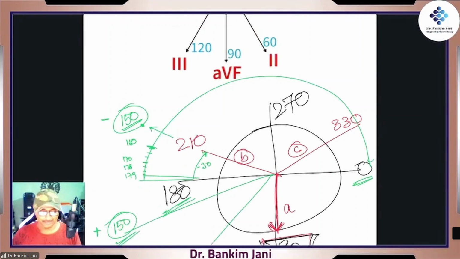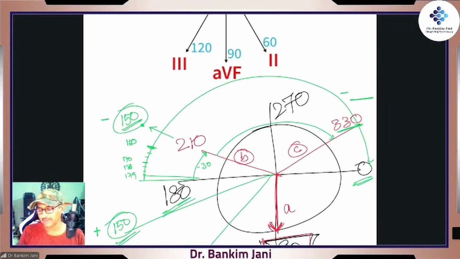Next, the third angle would be from 210 that we travel to 120. So what would be the new distance? It would be 230. No, it would be 330. So this 330 is how much minus? So this 330 is how much negative?